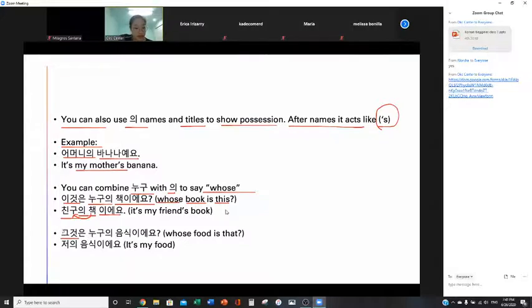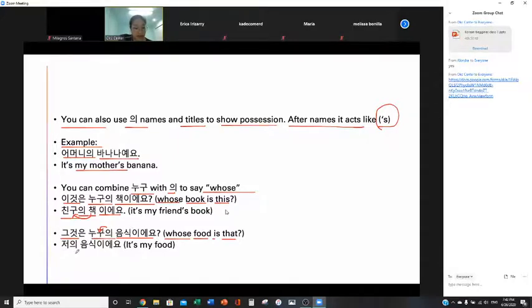그것은 that, 누구의 음식이에요? Whose food is that?